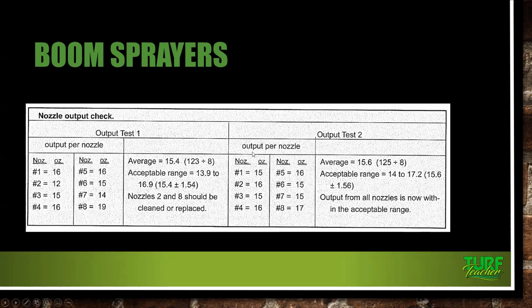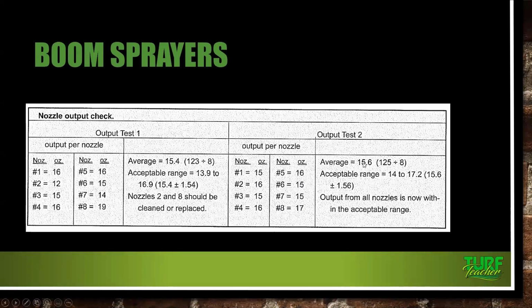And then we're going to do another output test. Same nozzles, changed out 2 and 8. And look how much more uniform this is. We got 15, 16, 15, 16, 16, 15, 15, 17. Our average is 15.6, 125 divided by 8.